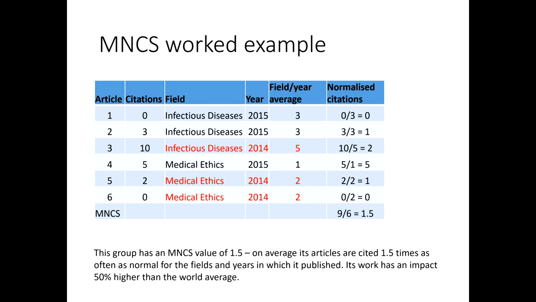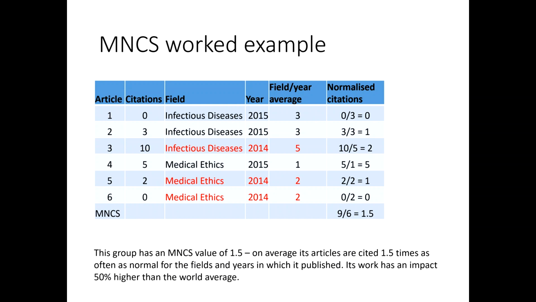So we divide column 2 by column 5 to give the normalised citations. It's the citations divided by the average for the field and year in which the paper was published. If you look at the third row, the article got 10 citations, and on average papers in its field and year got 5 citations, so its normalised citation count is 10 divided by 5, which is 2.